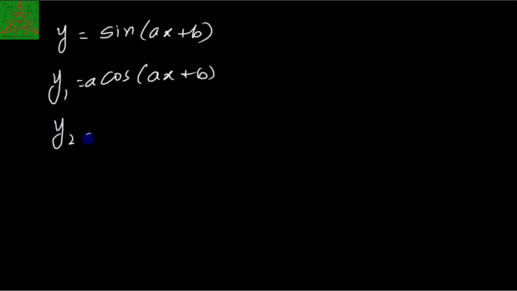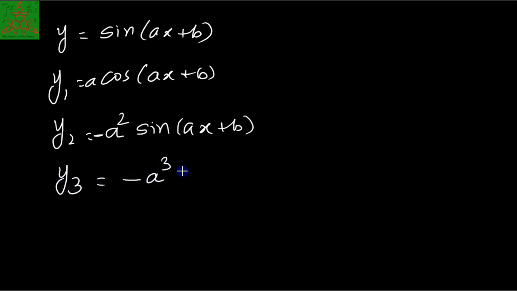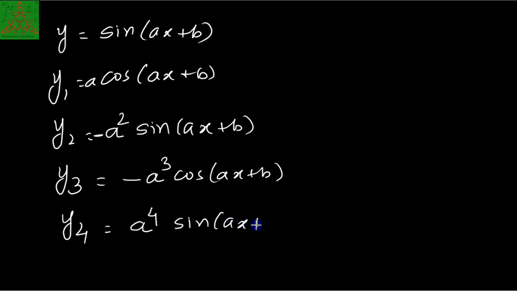The second derivative will have minus a square sine ax plus b, because the derivative of cos is minus, so that's why it is a minus sign. The third derivative is minus a cube cos ax plus b, and the fourth derivative is plus again a power 4 sine ax plus b.